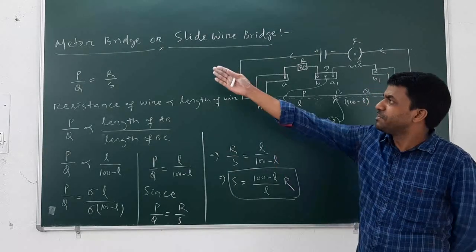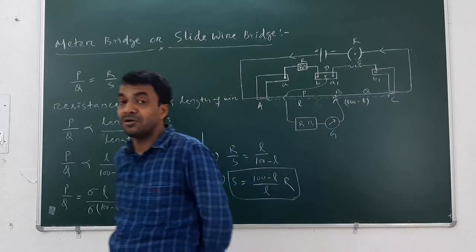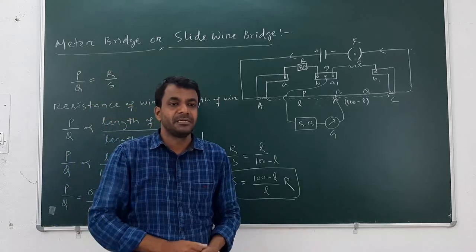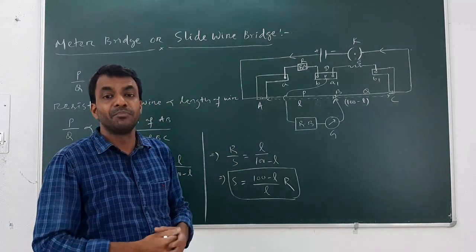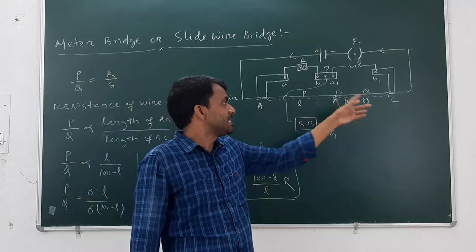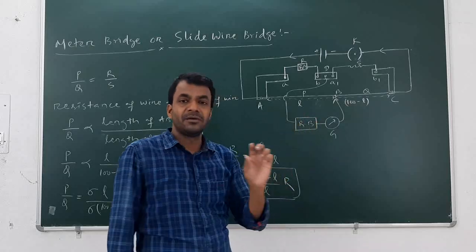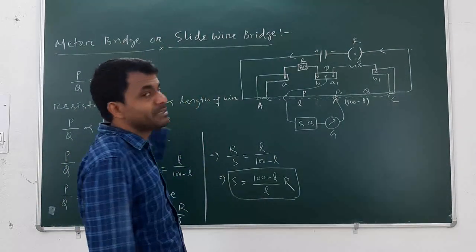Then let me discuss the diagram and the construction of the meter bridge. The meter bridge is constructed on a wooden board, and the length of the wire is 1 meter. Therefore, its name is the meter bridge.